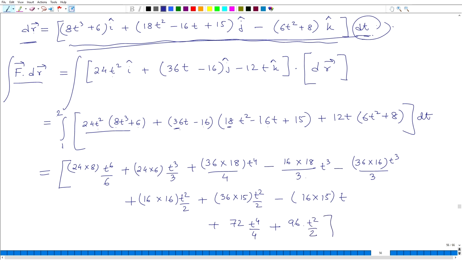Okay. And everything is then evaluated between 2 and 1, because this is the upper and lower bound for t.